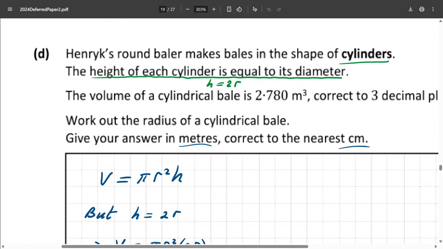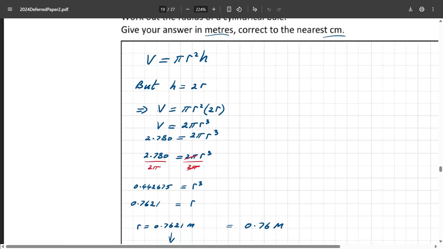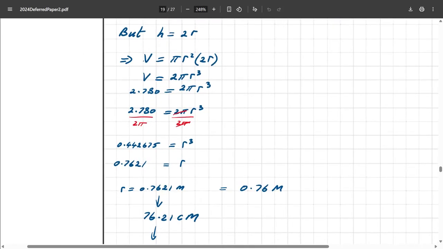Now there's only one thing. Give your answer in meters, correct to the nearest centimeter. I've never seen it written like that before, but I guess what the examiner is getting at is answer in meters to the nearest centimeter. So have a look at that. This answer is already in meters, 0.7621. What would that be in centimeters, just for the moment? 76.21 centimeters.